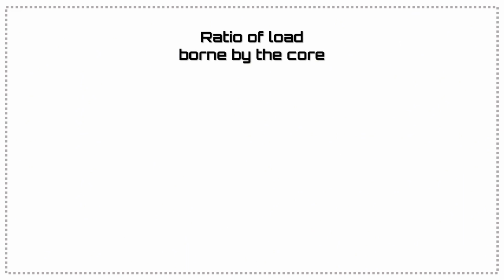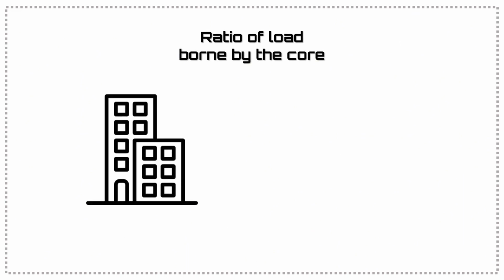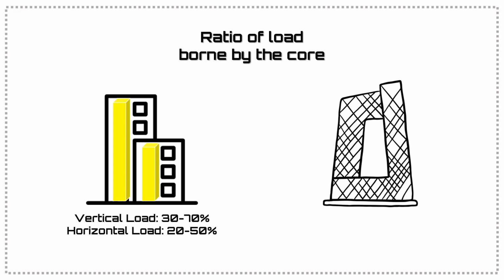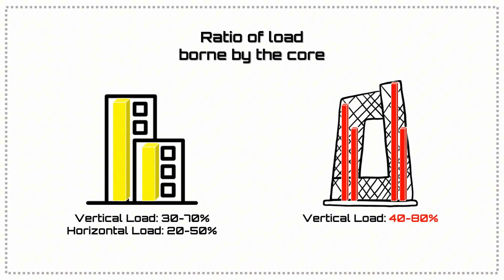In a typical vertical building, the core is responsible for about 30% to 70% of the vertical loads and 20% to 50% of the horizontal loads. However, in tilted buildings such as the CCTV headquarters building, the core will support 40% to 80% of the vertical load and 30% to 60% of the horizontal load.